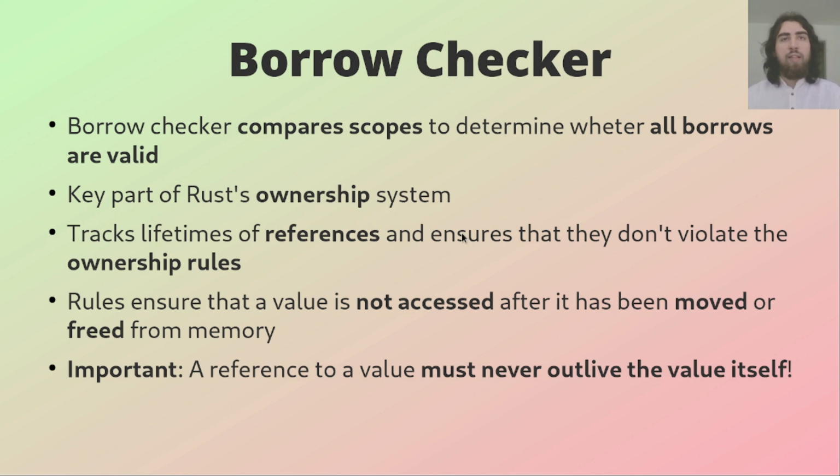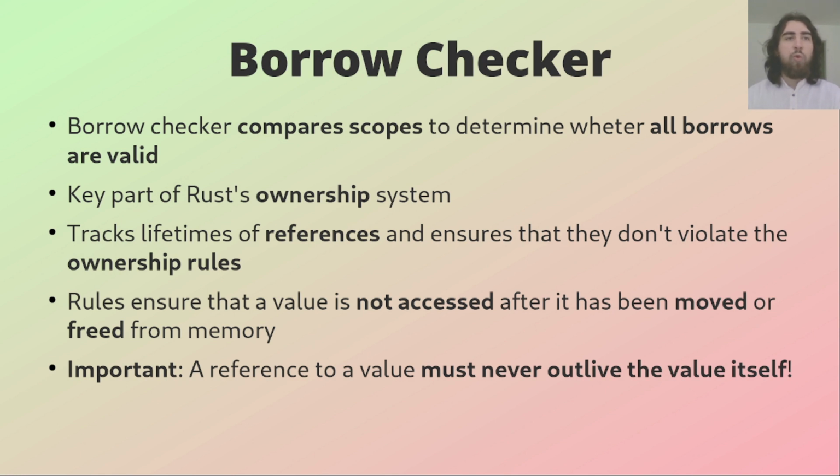Now to understand lifetimes you have to understand the borrow checker in Rust. So the borrow checker compares scopes to determine whether all borrows are valid. It's a key part of Rust's ownership system. It tracks lifetimes of references and ensures that they don't violate the ownership rules.